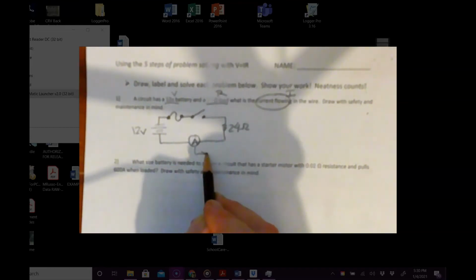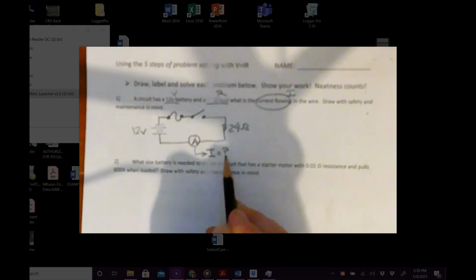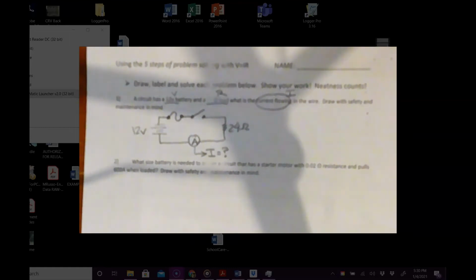And I'm just going to draw a little thing here that says I equals question mark. What is the reading on my meter going to be? Well, there we go. I think that's pretty neat. Even at this poor camera resolution, you can see all the parts, safety, maintenance. All the parts are labeled.